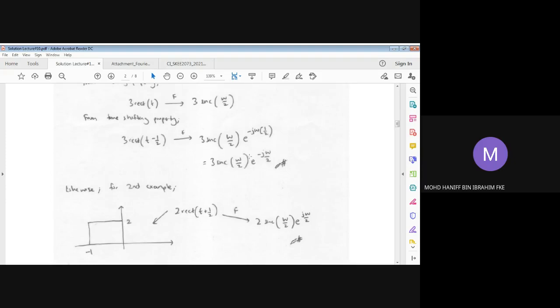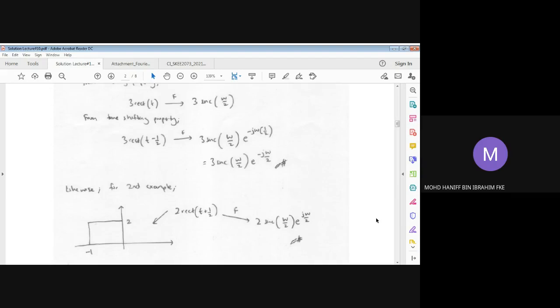The difference is only in the amplitude scaling value and in the shifting value. Previously it was negative half, now it is positive half, so the change will be in the sign of the exponential term. So we are supposed to get 2 sinc of omega divided by 2, and the exponential will now be positive j omega divided by 2.